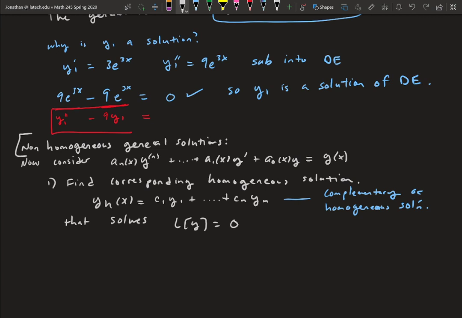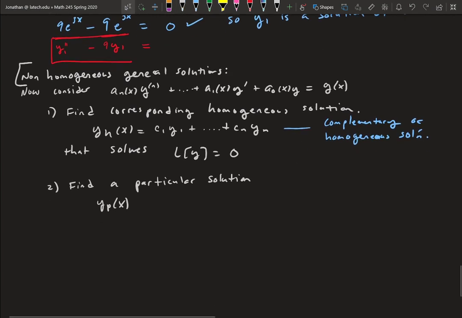That's always the first step. Then the second step is to find a particular solution. We call it yp(x). Let me write that up here. yp(x).